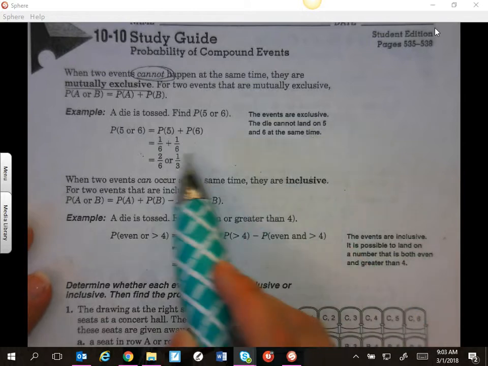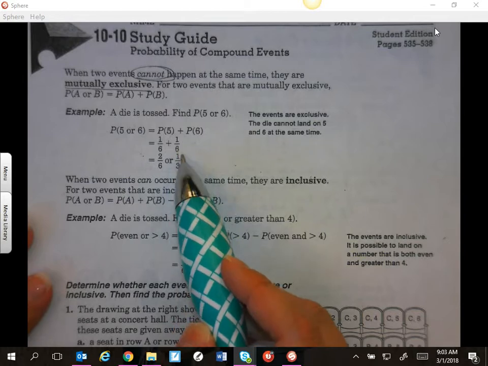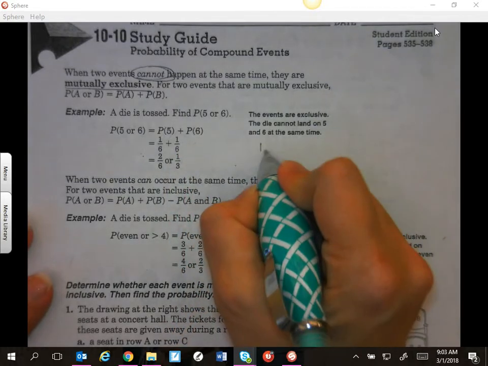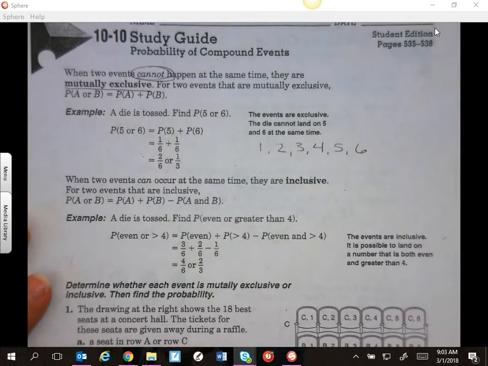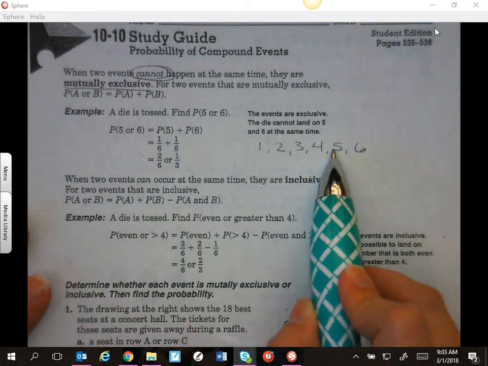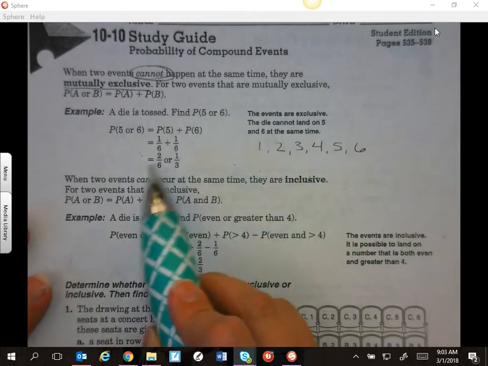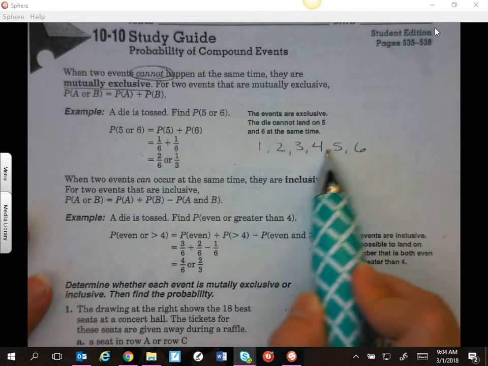Now, they've got it where the probability of 5 plus the probability of 6. We know that our possible outcomes on a die are 1 through 6, and you can get a 5 or a 6, that is 2 out of 6, which is 1/3. So you can do it with the addition, or you can just look at it and see how many there are.